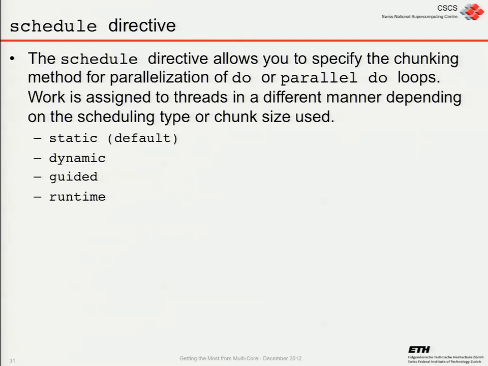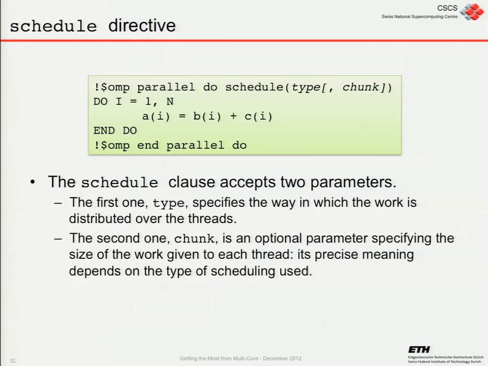Dynamic, guided, and runtime. So the schedule clause accepts 2 parameters, and we'll go through what the different things are, the static and the dynamic and so on. So you say the type of things, and we've seen static, dynamic, and then the chunk size that you want. If you leave the chunk size off, it takes its defaults.